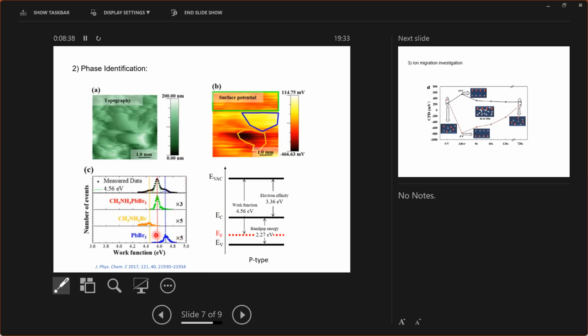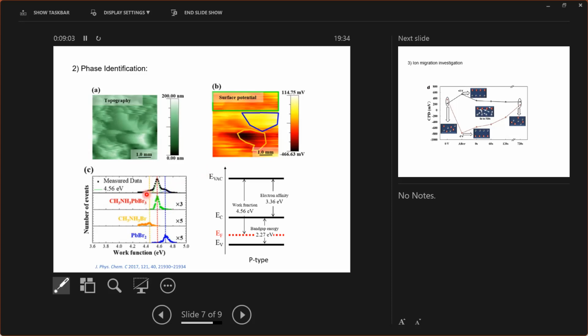This position, the blue line, is for lead bromide, and this dark region is for methyl ammonium bromide. And this is the overall measured data for the whole material. So in that material, these two impurity peaks are there, and from here we can measure the exact position of the impurity.